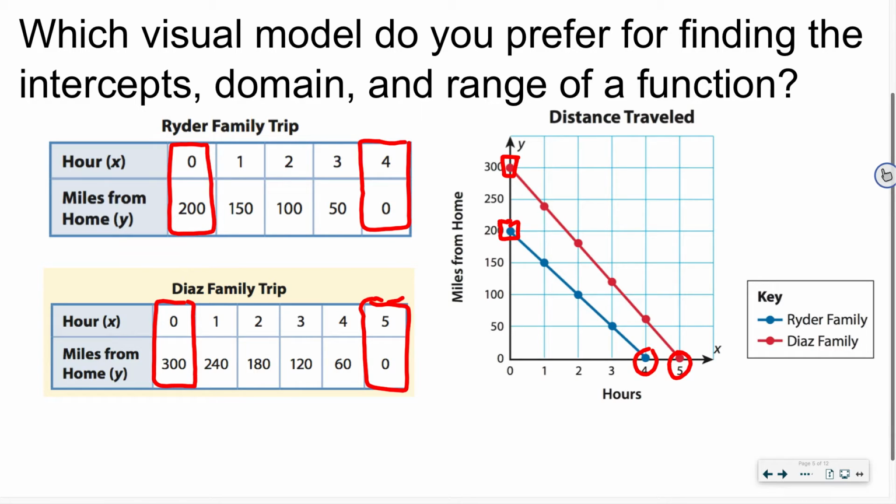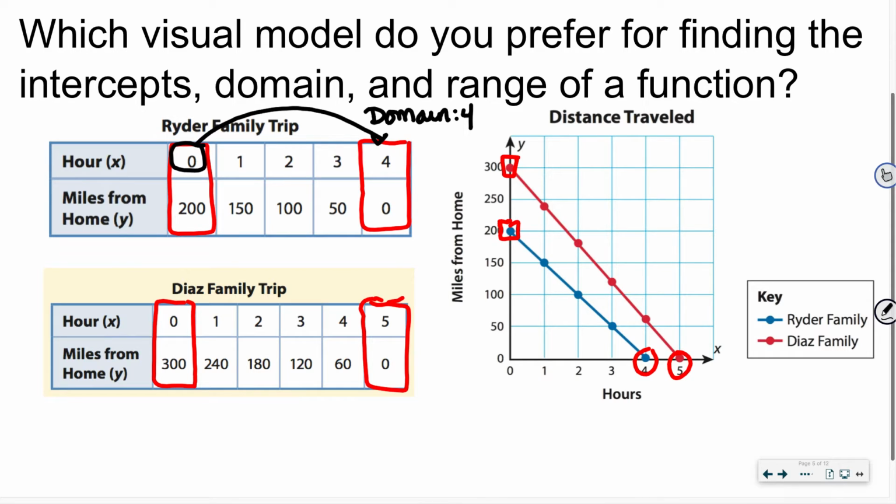How about the domain? What is the domain? So the domain is actually the difference in our x values. So where in our table can I find that? The x. From 0 to 4. So what's my domain here? 4.